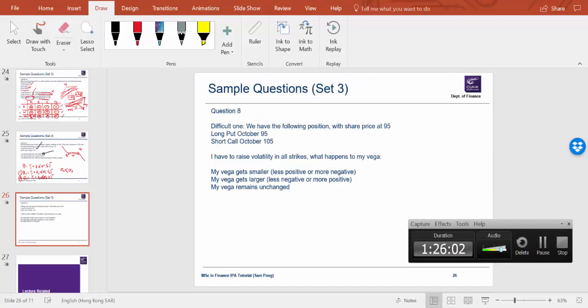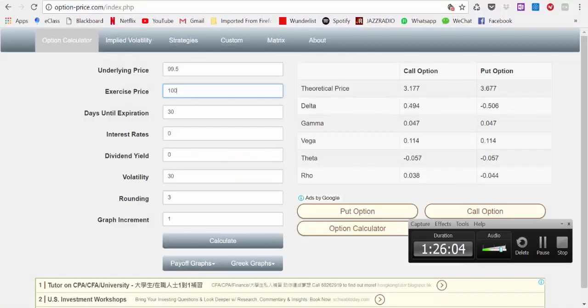I can point out a number of things. First of all, a reminder of what Vega is before we go any further. Let me reprise this. I now have a simple option, which is at the money, and volatility is 30. You can see that Vega is 0.114. What does this mean?